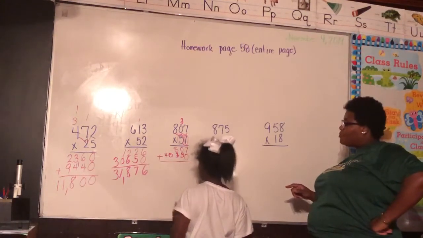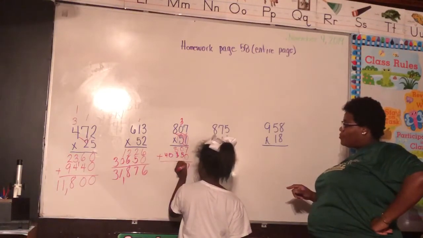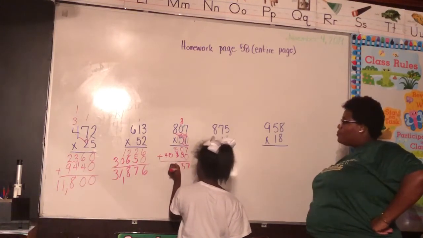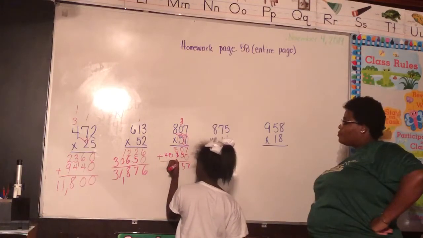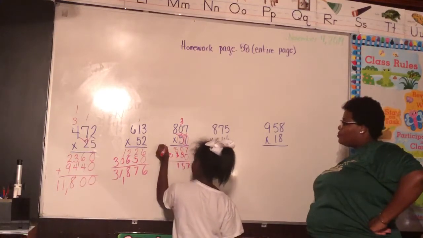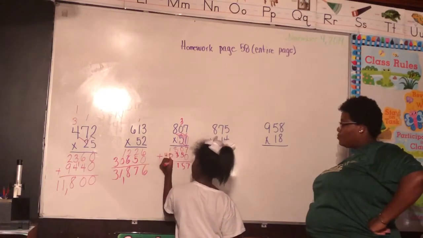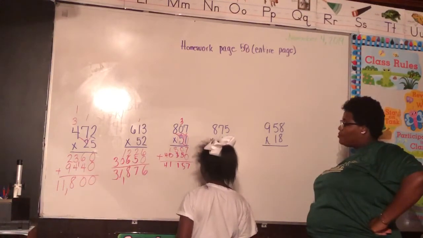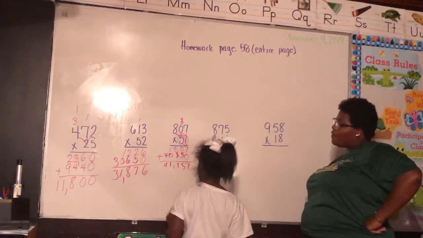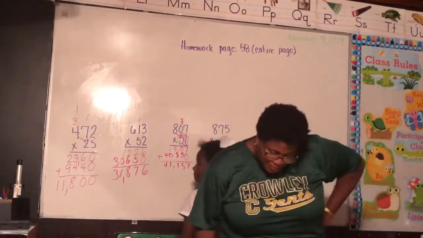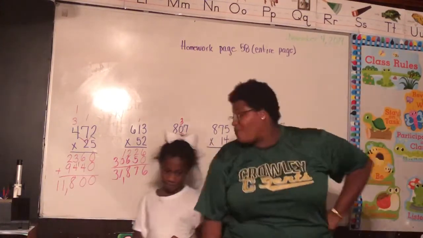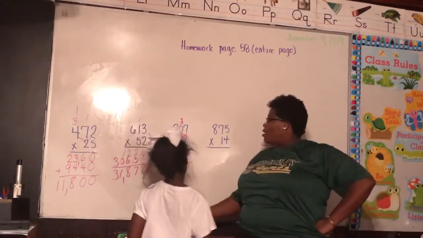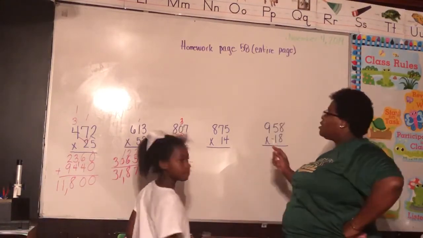Add, right? Comma. Very good. And make sure you write 4, 1, 5, 7. Very good. Thank you.